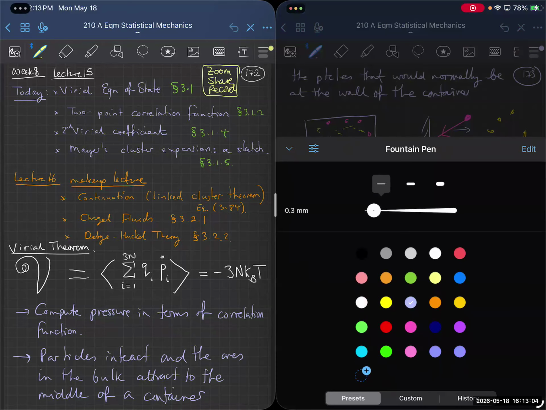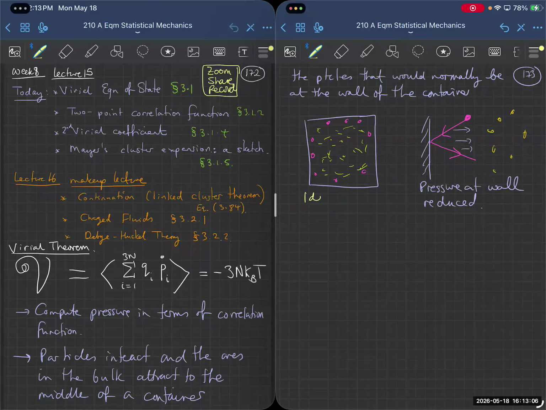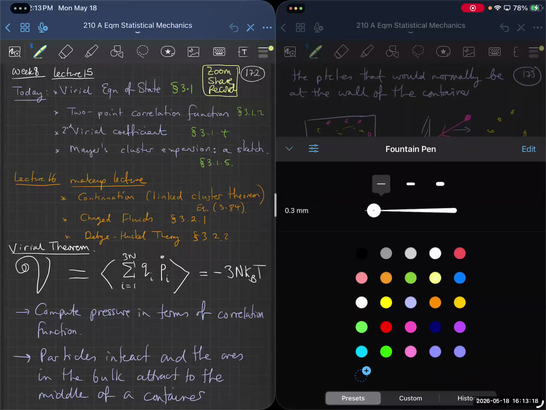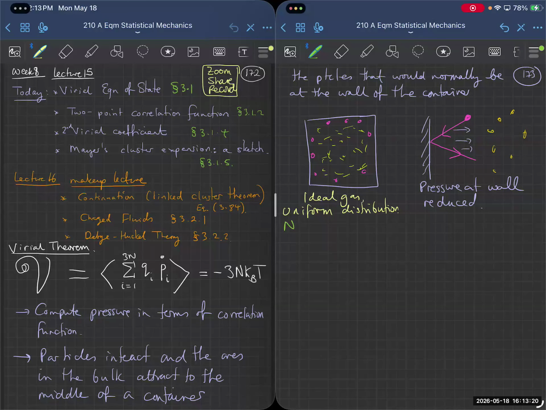Now, if this were an ideal gas, then there'd be a uniform distribution inside it. But when I turn on interactions, the density will vary.